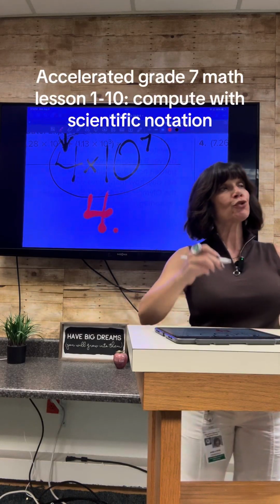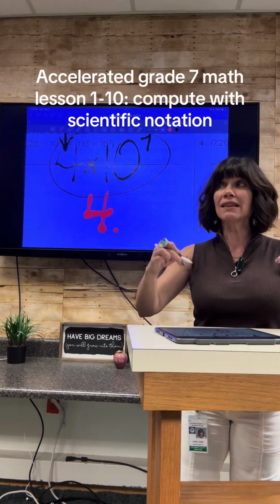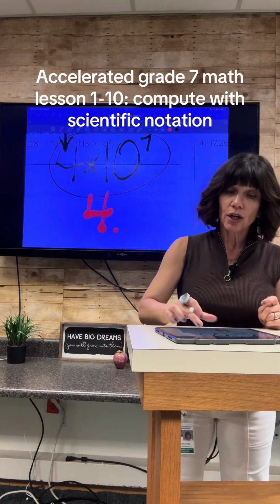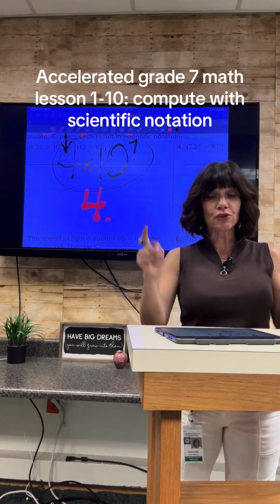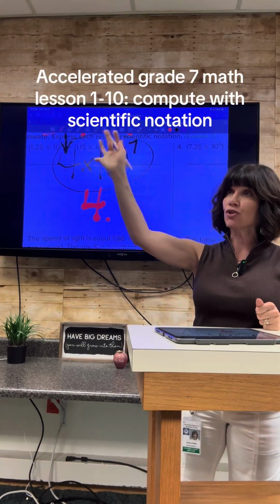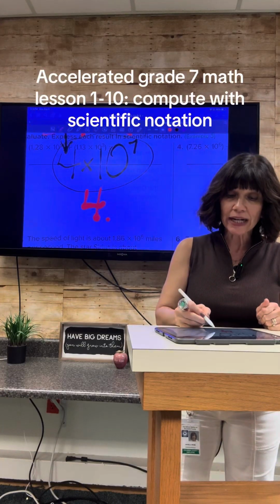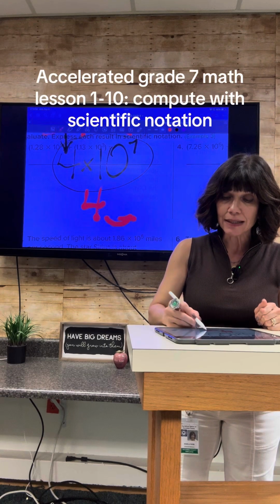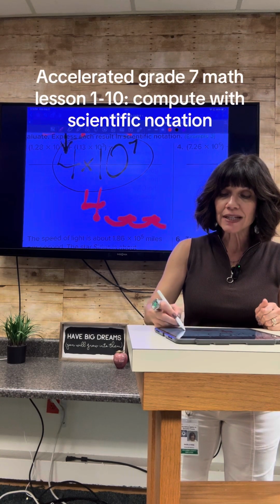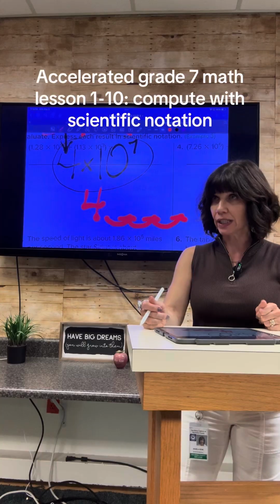Increasing. So which way will I scoop the decimal to make the number increase? Okay, I have a variety of answers. The correct answer is to the right. Wave at me if you said to the right. Okay, when I scoop the decimal to the right, I will be increasing the value exponentially.